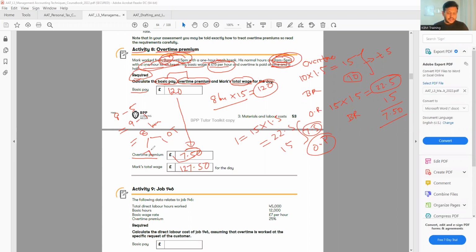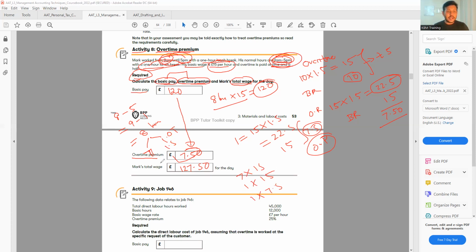So for the 7 hours, you get the basic rate, and the overtime rate is time and a half. So we have 7 hours times 15, then 1 hour times 15, because 15 he will get anyway. And for the 1 hour, times 7.5, because this 7.5 is the extra. Overtime is 22.50 exactly, that's correct.